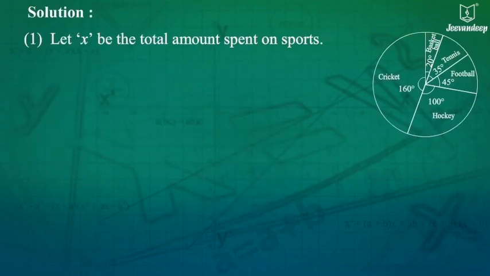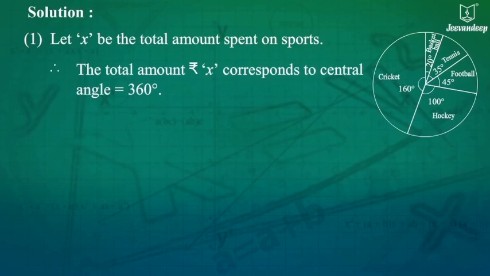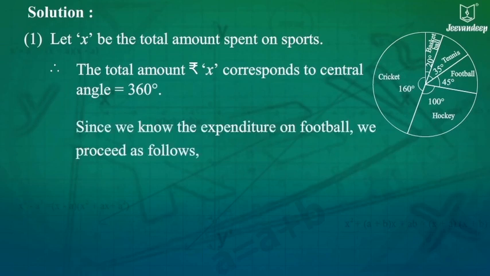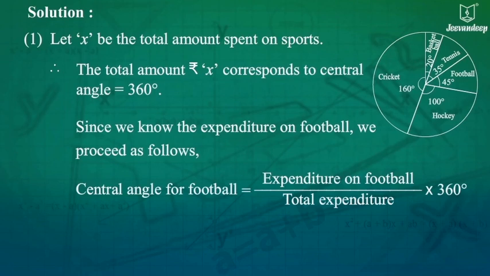1. Let X be the total amount spent on sports. Therefore, the total amount X rupees corresponds to the central angle, that is 360 degrees. Since we know the expenditure on football, we proceed as follows. Central angle for football equals expenditure on football upon total expenditure multiplied by 360 degrees.